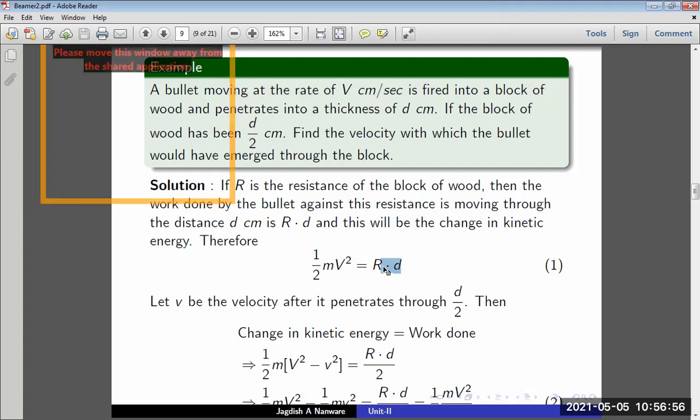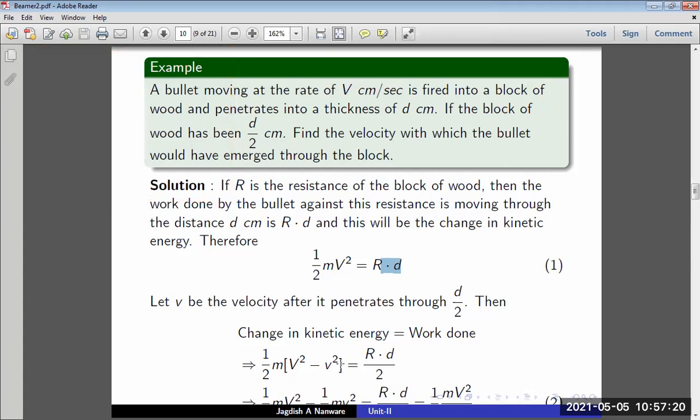Now, to find the velocity, we denote velocity by small v, and after it penetrates through the distance d by 2, the change in kinetic energy is equal to work done. So this is half m into v square minus v square, and you just simplify this further.